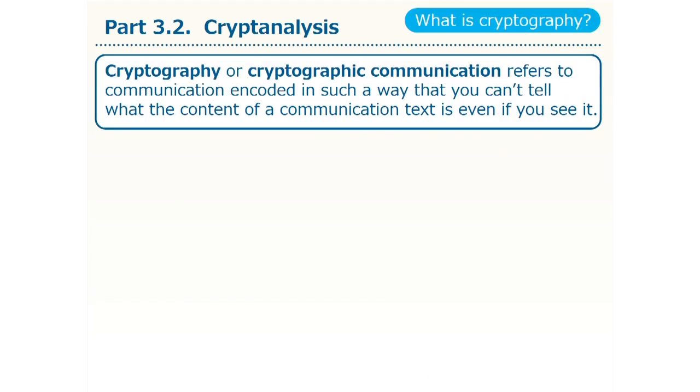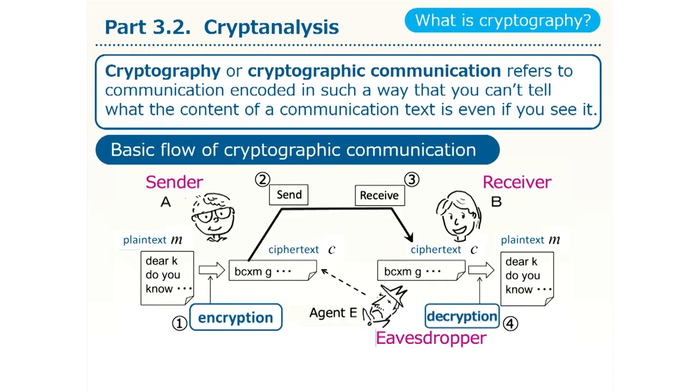Let's start with what cryptography is. Cryptography, or cryptographic communication, refers to communication encoded in such a way that you cannot tell what the content of the communication text is, even if you see it. Let me explain the basic flow of cryptographic communication.